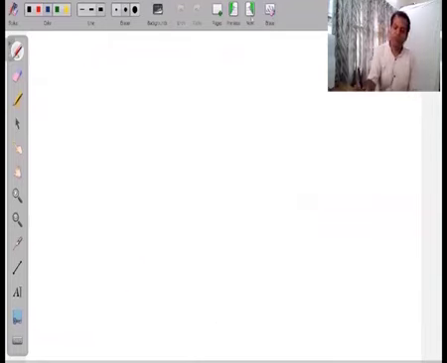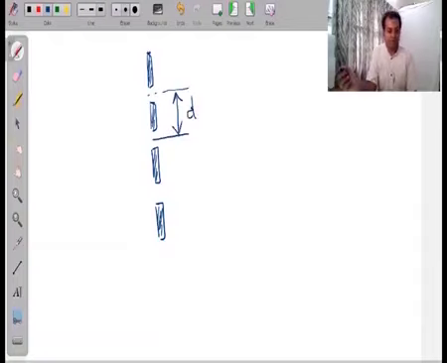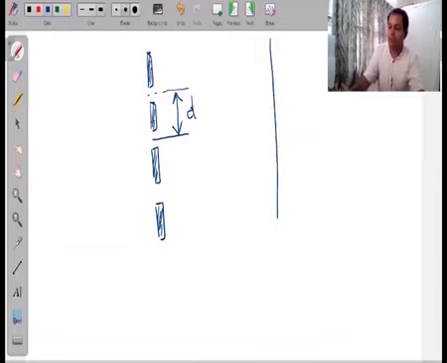Having found this wavelength, you now have this array of holes, these openings which form the grating, and we don't know what the separation D is between the openings of the grating. And we have a screen over here.